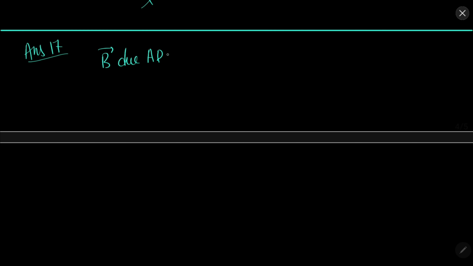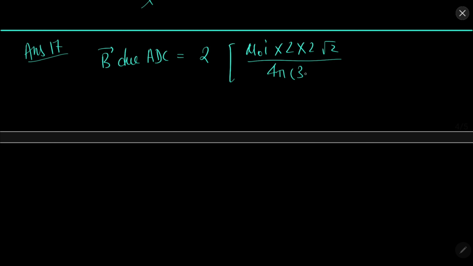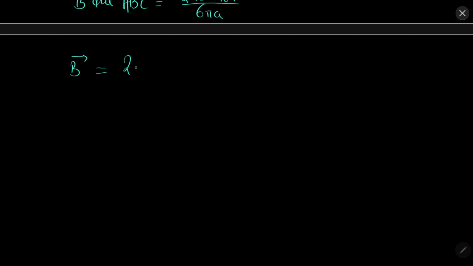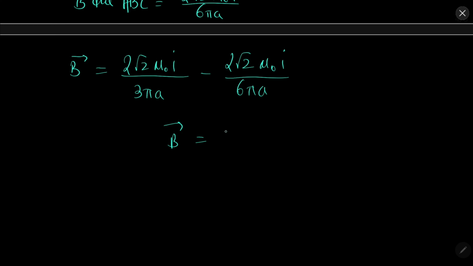So B due to ADC will be this value, two root 2 mu naught I over 3 pi A, and B due to ABC will be 2 root 2 mu naught I over 6 pi A. So B will be, subtracting these two, we will obtain root 2 mu naught I over 3 pi A.